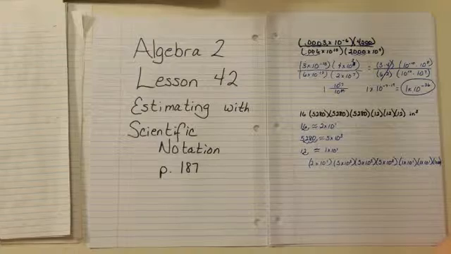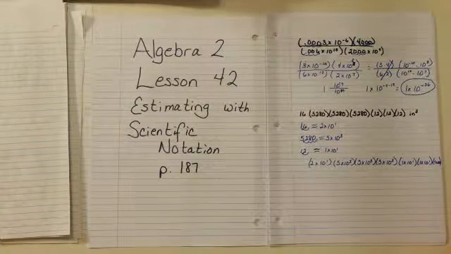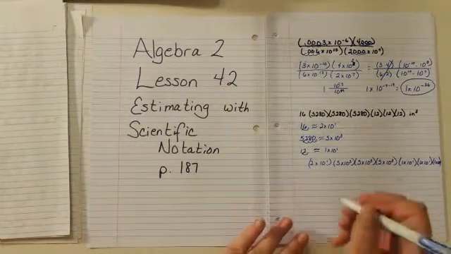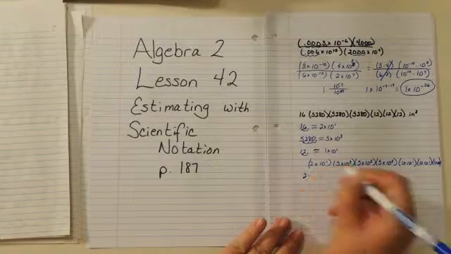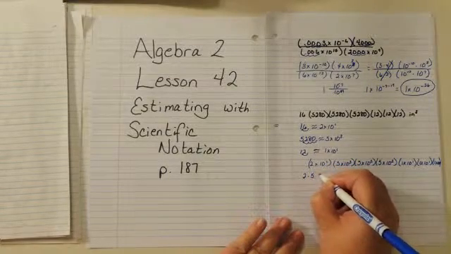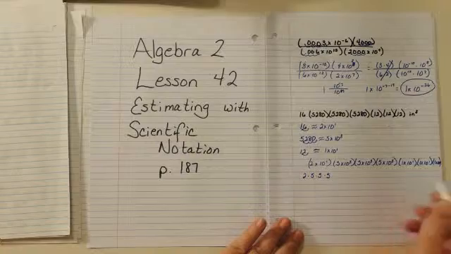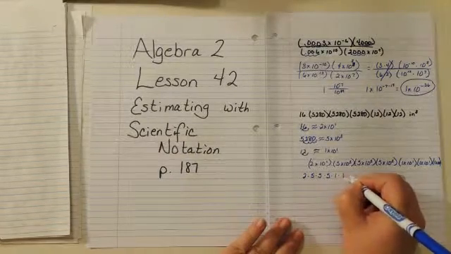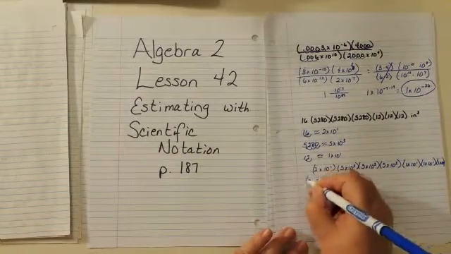Okay? So when we put these together, we've got 2 times 5 times 5 times 5 times 1 times 1 times 1.